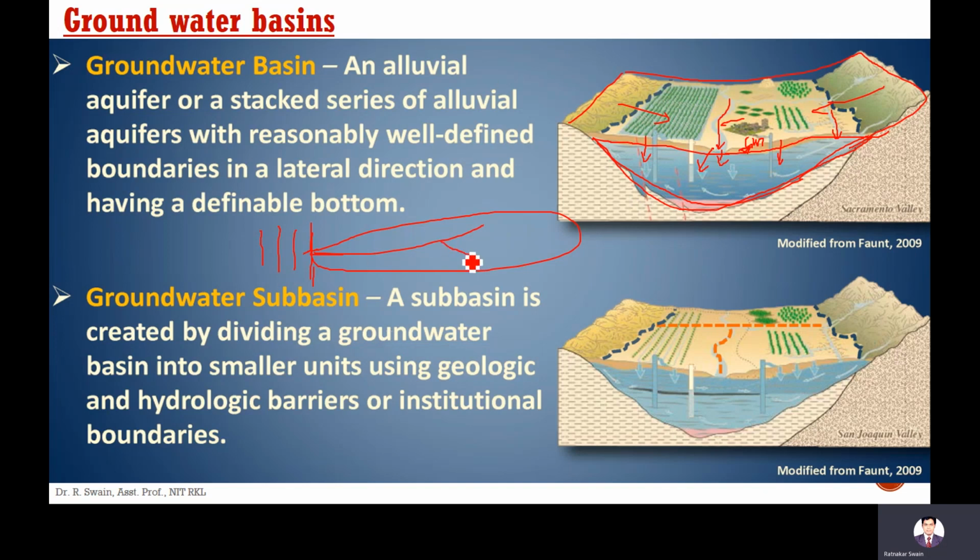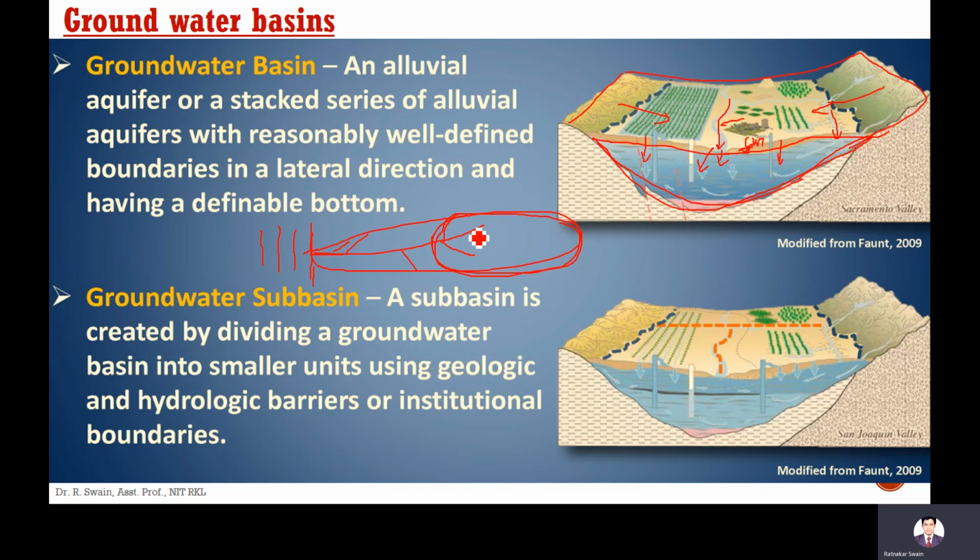Let there be small streams joining here, and let's consider only this. This is the outlet. At this point, what is the catchment area? At this point, the catchment area will be like this. So this catchment area you can say is a subbasin of this whole river basin.